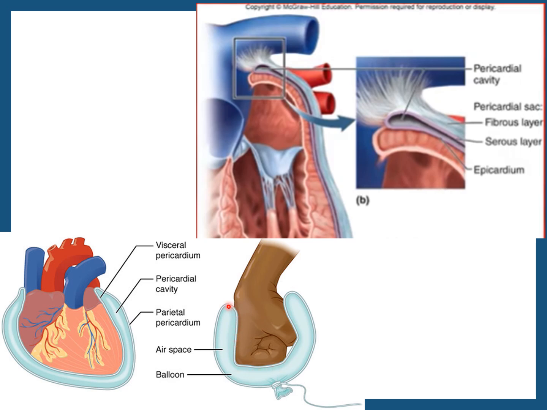And then the layer that makes up the outside of the balloon is going to be the parietal pericardium, which is also that fibrous layer creating the pericardial cavity. And then in between those layers, where we have air in the balloon, we'll have the pericardial fluid, that serous fluid in between those two layers.